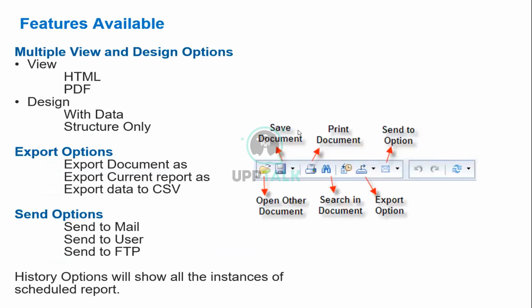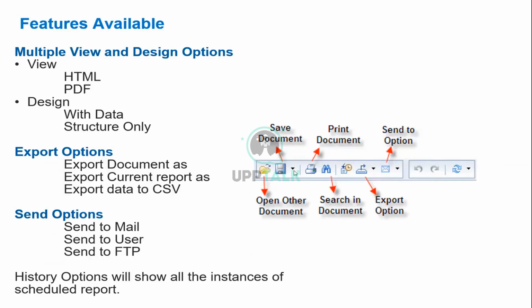These are the features available inside the Web Intelligence tool. It is like a toolbar. These are all the options available. If you see here the file and arrow, it is to open other documents. If you want to open some reports, you can click on it and select the required folder name and report name. If you want to save the document, we can click on this.